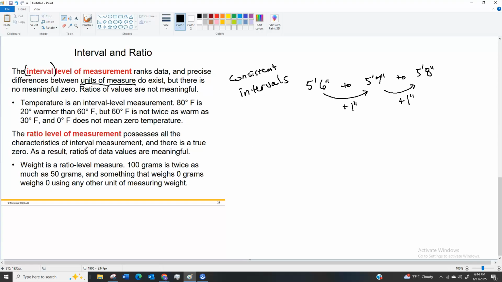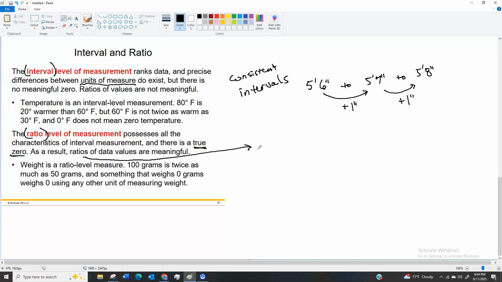And then the ratio level, again, has all the characteristics of interval and below, but you also have what's known as a true zero. But what that also does is that the ratios are what they call meaningful.